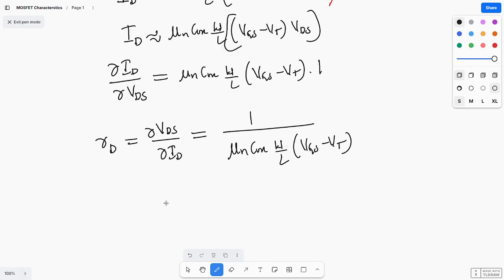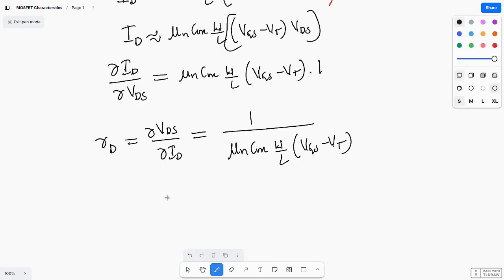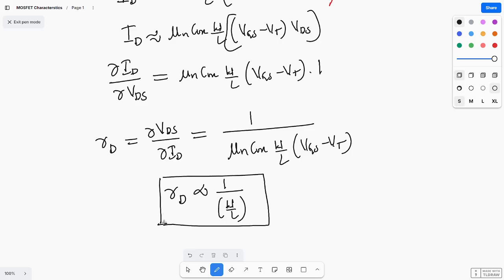So from this I can say that the drain resistance is inversely proportional to the aspect ratio, since you got it in the denominator. Rd is inversely proportional to the aspect ratio. So this is about today's session.